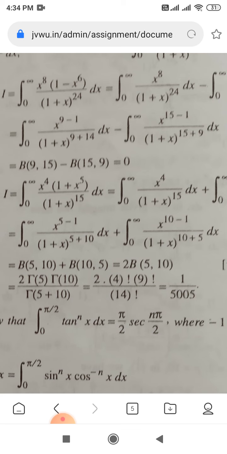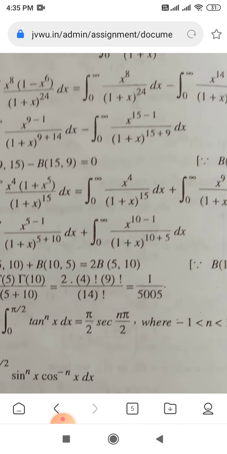In the same manner as we applied above, x^4 can be expressed as x^(5-1), and keep in mind 5 will be common in numerator and denominator. So splitting 15 in the manner 5 plus 10, because 5 will be common.